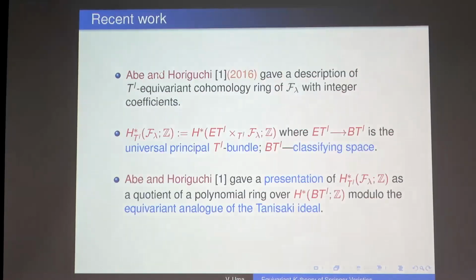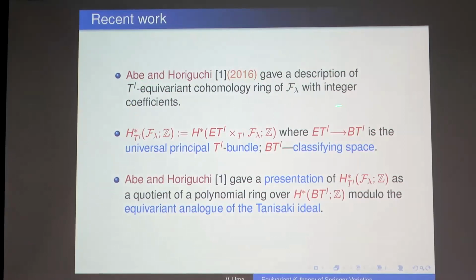More recently, Abe and Horiguchi in 2016 gave a description of, so we have seen that there is an action of the TL on the Springer variety. So it's natural to ask for the TL-equivariant cohomology ring of the Springer variety with integer coefficients.